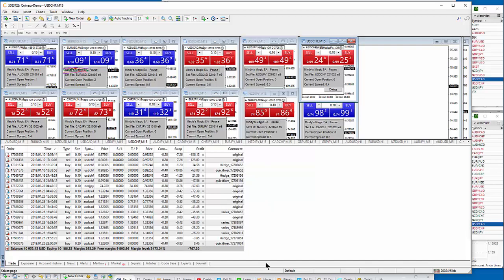On Friday night when the market closed, the negative PL was actually over $900. Now, a lot of that was because we have quite a few trades and the spreads were very high over the weekend.